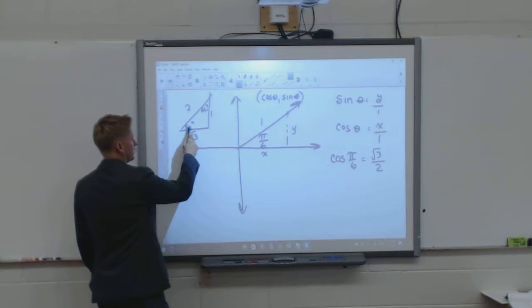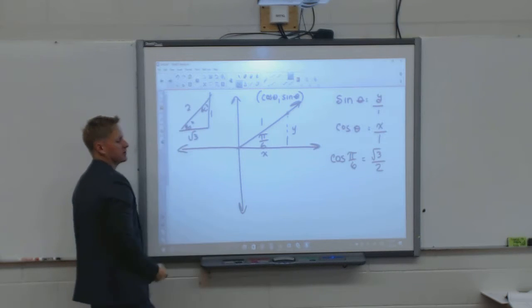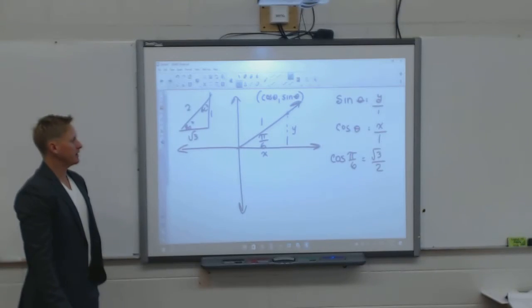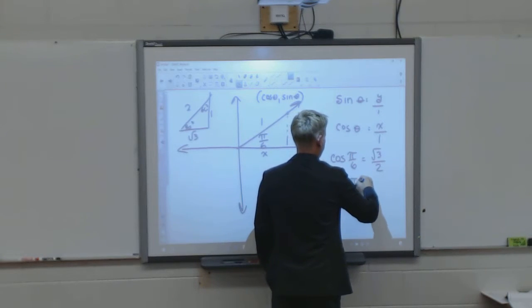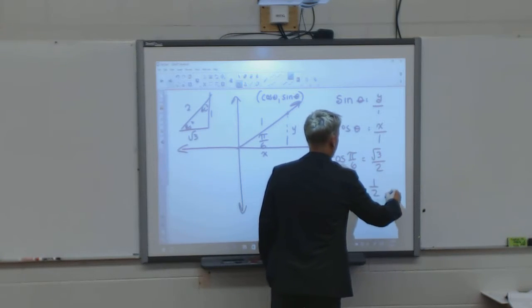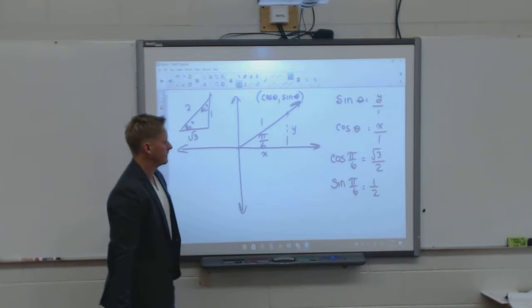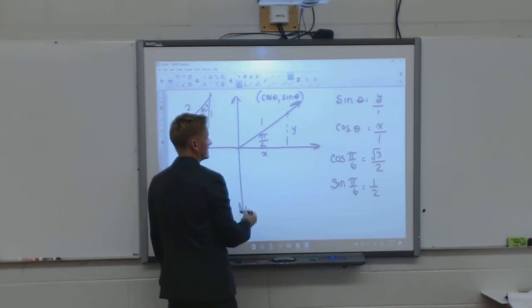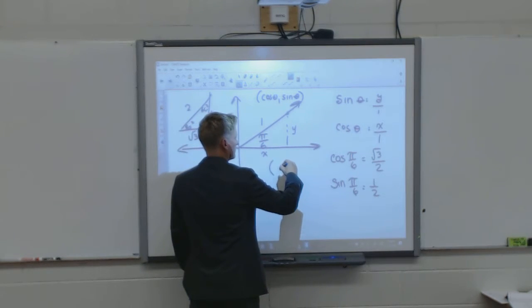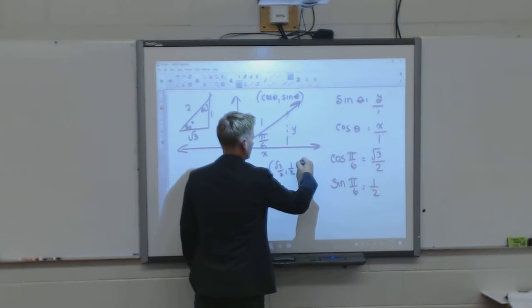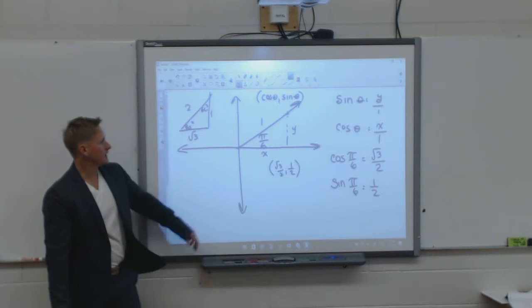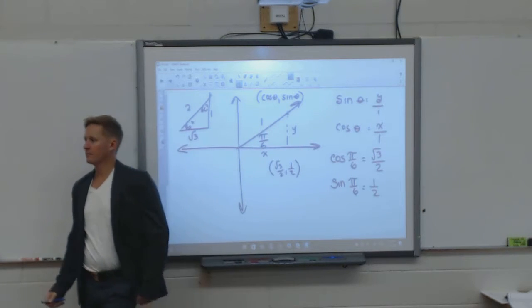So the cos of 30 degrees is root 3 over 2. The sine of pi over 6 is 1/2. So what is the coordinate of pi over 6 then? Root 3 over 2, 1/2. That's this coordinate right here.